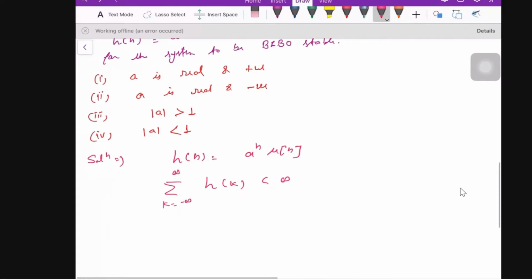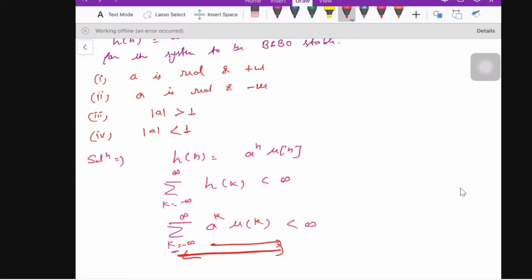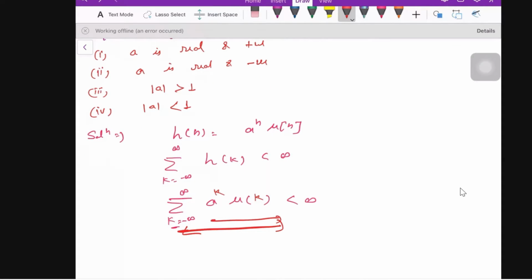Or you can write it as the sum from k equal to minus infinity to infinity of |a^n u[n]| should be less than infinity. Now you have to put n equal to k, so you can write it as a^k. Because you have to put the value of this k over here. Now, condition is given. The main motive is that this function should be less than infinity.